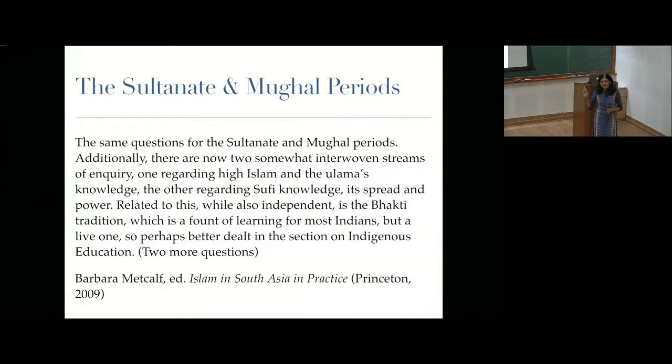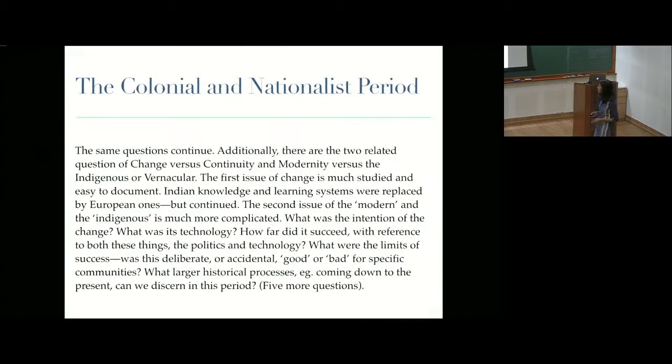But the difference is that it's all based on primary data. So each article only has a couple of pages of interpretation, and then it has an excerpt from whichever documents or whatever they're looking at. And that's Islam in South Asia in practice, deliberately so called, because it's about mostly the second kind of knowledge, which is oral knowledge or performative knowledge.